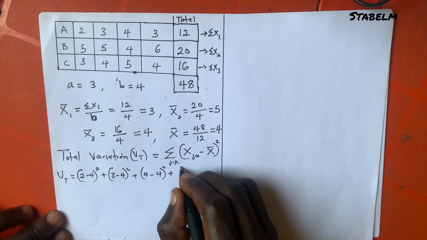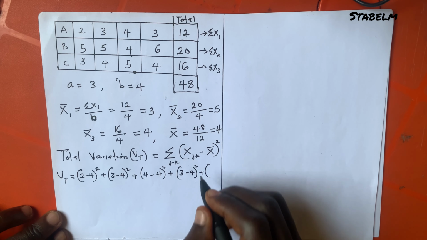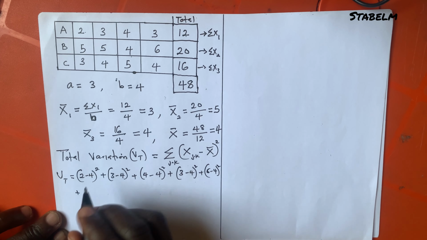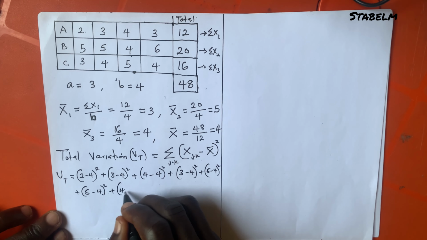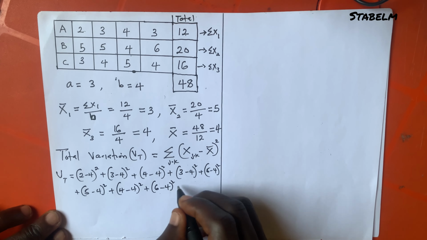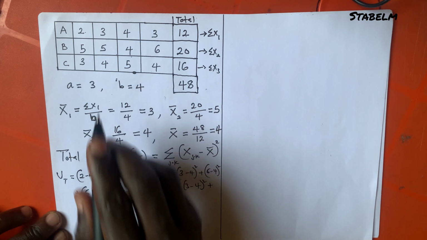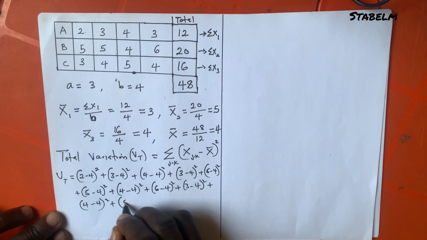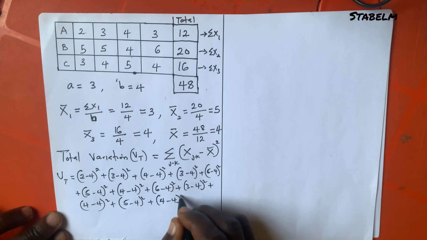Then we have plus 3 minus 4 squared plus 5 minus 4 squared plus another 5 minus 4 squared plus 4 minus 4 squared plus 6 minus 4 squared plus 3 minus 4 squared plus 4 minus 4 squared plus 5 minus 4 squared plus 4 minus 4 squared.